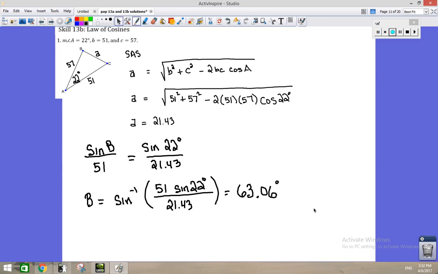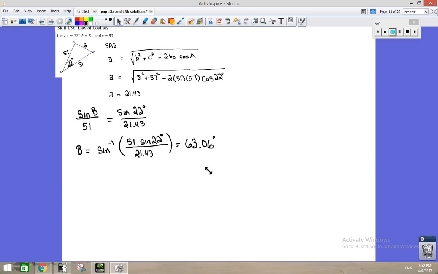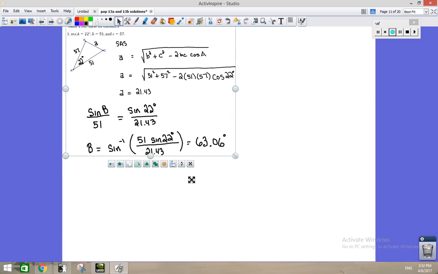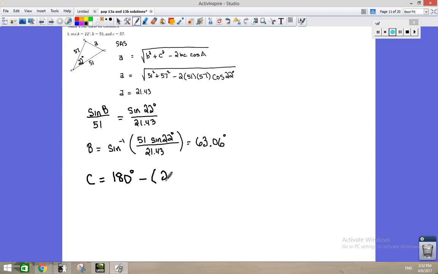Well, to find the third angle is super easy, because I know that in any triangle, the three angles have to add up to 180. So I can find the measure of angle C by taking 180 minus the sum of the 22 that was given and this 63 that I just found.